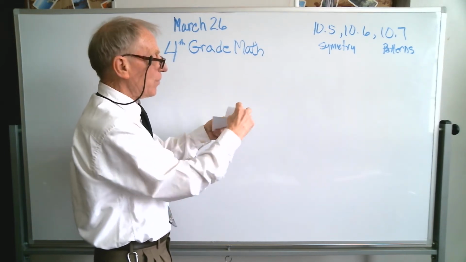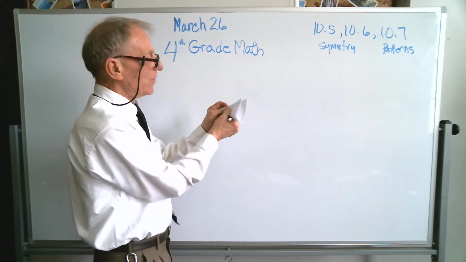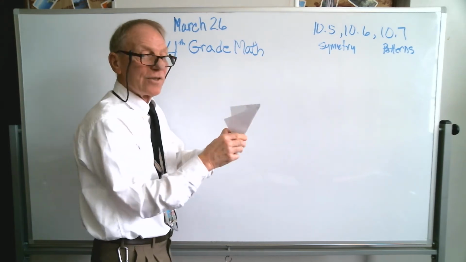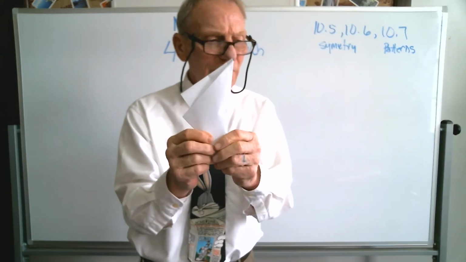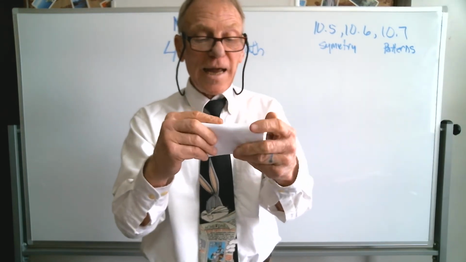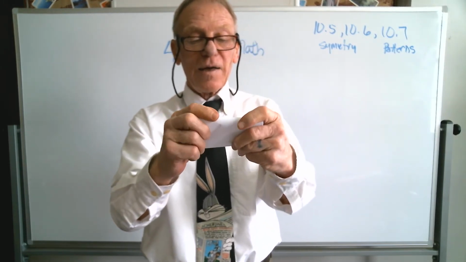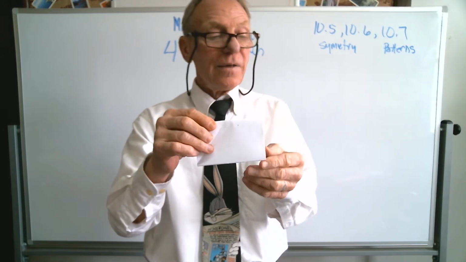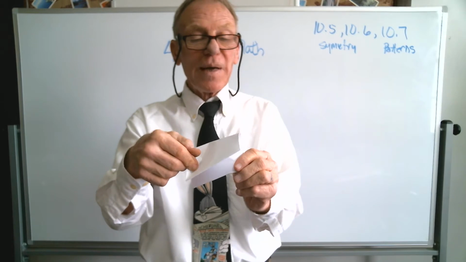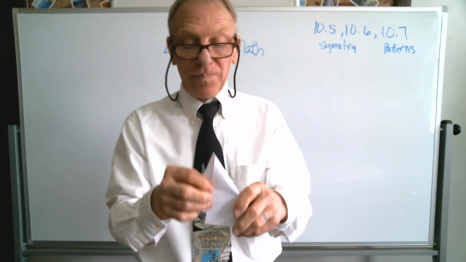Even if I did it from corner to corner, or as we would say in math, from vertex to vertex, it still doesn't match up. So it's not symmetric. Although I could take it and fold it in half, again this way at the middle, and both sides are exactly the same, so it is symmetric that way, but it's not symmetric that way.